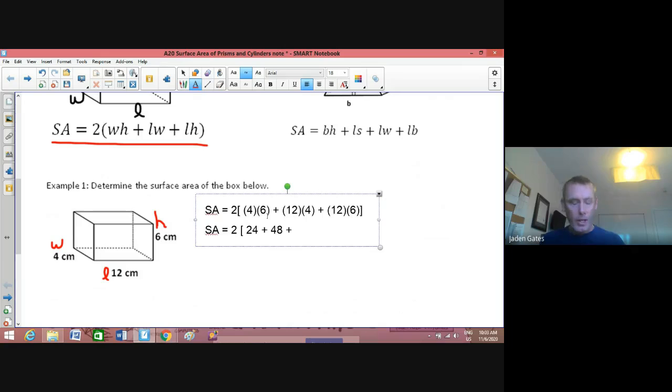And then 6 times 12, get the calculator for that one, is 72. Still not done with those brackets. I add those together: 24 plus 48 plus 72, and I get 144. Then finally, having completed everything in the brackets, I multiply by 2 and get 288.